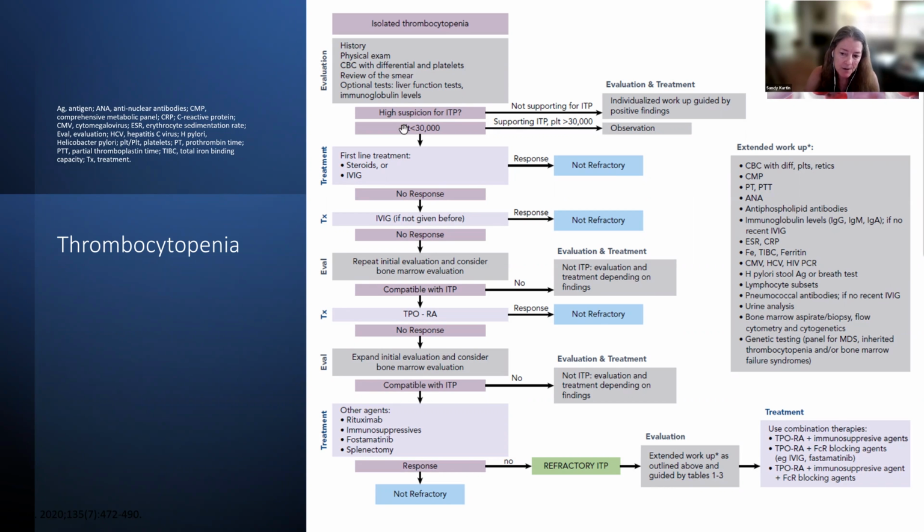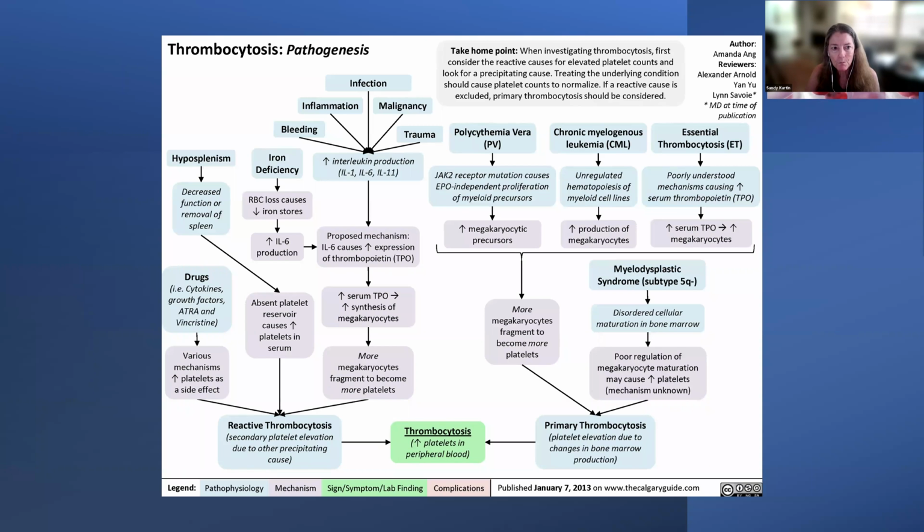And so you can see here that extended workup will look for both clotting abnormalities and other infectious etiologies or chronic diseases that might be the offending factor. When we look for high platelets, very similar to high red blood cells, we're going to look for reactive processes.